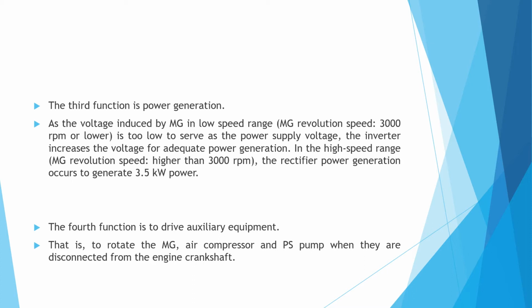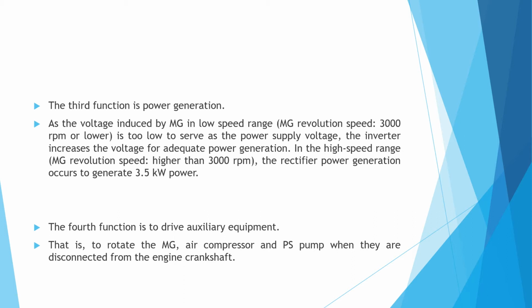In the high speed range, where the MG revolution speed is higher than 3000 rpm, rectifier power generation occurs to generate 3.5 kilowatt power. This is the third function.